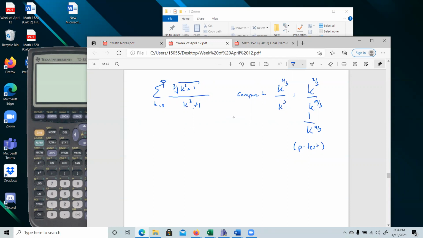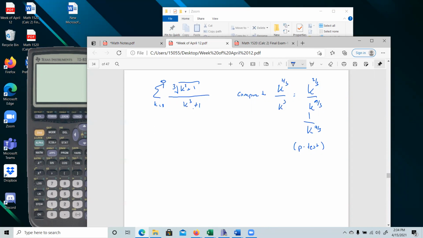So what I want to do is use the limit comparison test, and compare it to this one, since I know that it converges with the p-test. The things you have to check for limit comparison: are they both positive? Yeah, they're both positive.